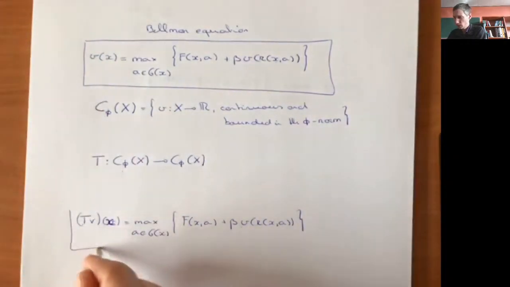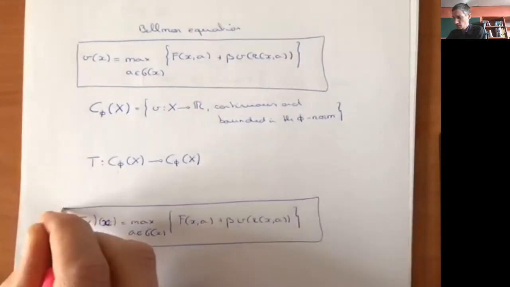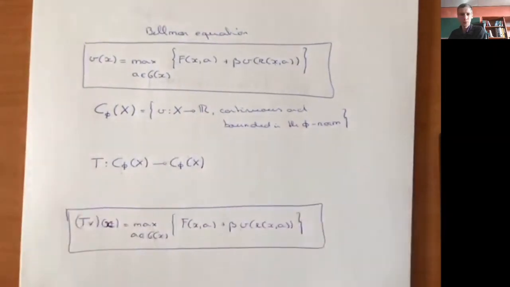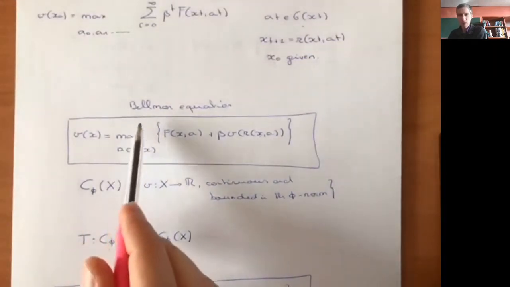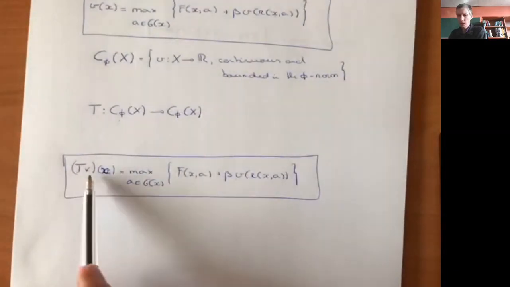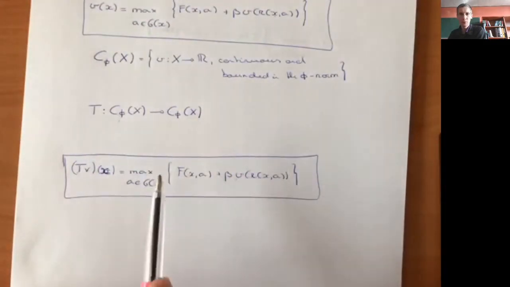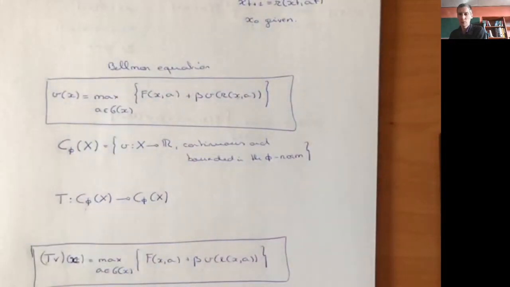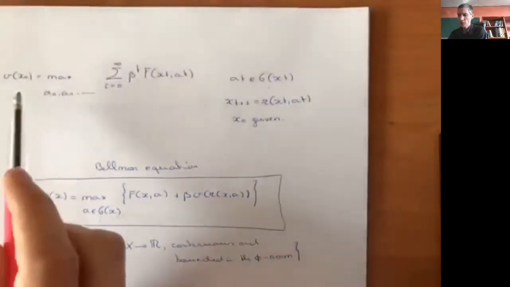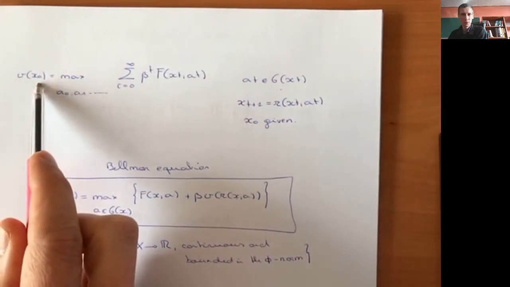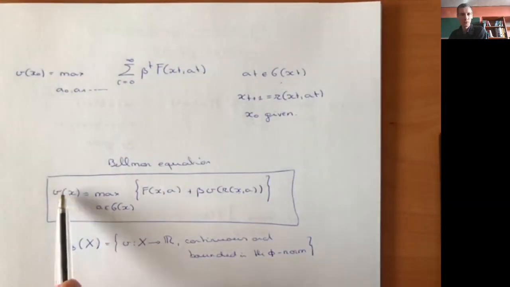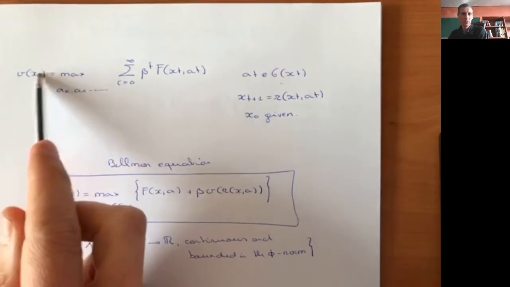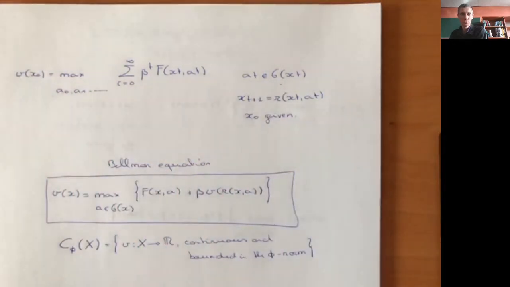So although we cannot solve the Bellman equation directly, we can iterate this maximization problem and get arbitrarily close to the fixed point for the Bellman equation. And then if you want to solve this infinite horizon maximization problem, we take the function that we have found here, plug in x0, and we get a number that solves our problem.